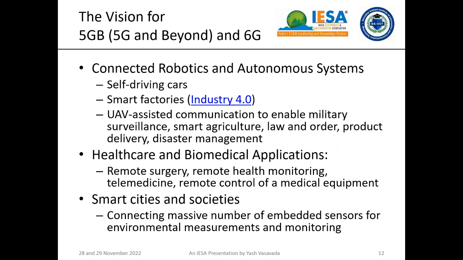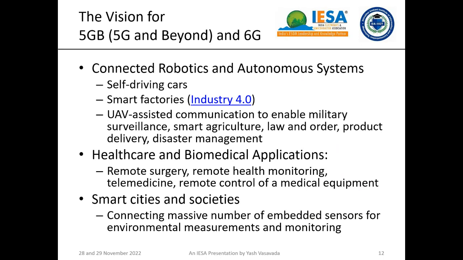Healthcare and biomedical application is a different vertical where the goal would be to perform surgery remotely, maybe health monitoring, medicine delivery, and medicine application, etc., all in a remote manner, right? So the doctors and the nurses may not have to be physically co-located with where a patient is.